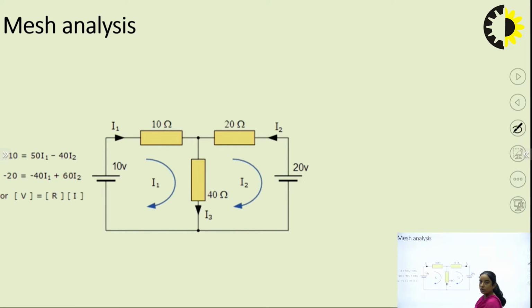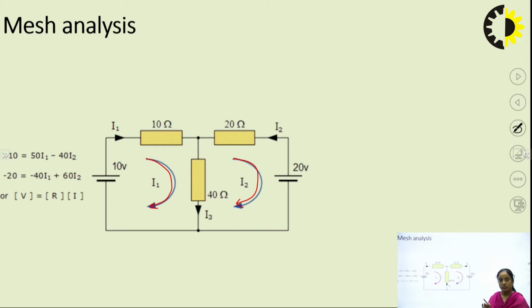Now in mesh analysis, we are considering individual mesh currents. In this circuit there are two meshes, so for each mesh we take a mesh current. Here, this is the mesh current I1, and this is the mesh current I2.